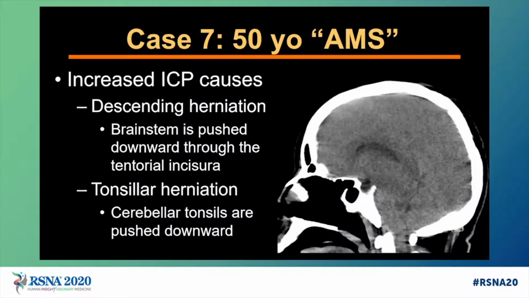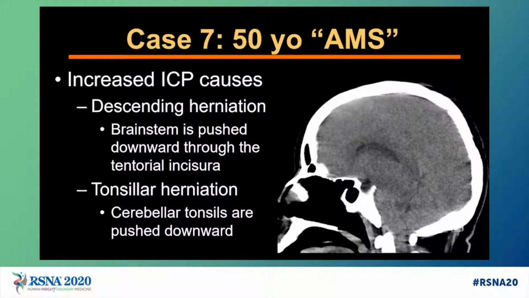If you didn't find the axial images very convincing, have a look at this sagittal reformat. You can see that the increased intracranial pressure is causing a descending herniation, where the brainstem is being pushed downward through the tentorial incisura. And the imaging hallmarks that you want to look for are the cisterns around the brainstem.